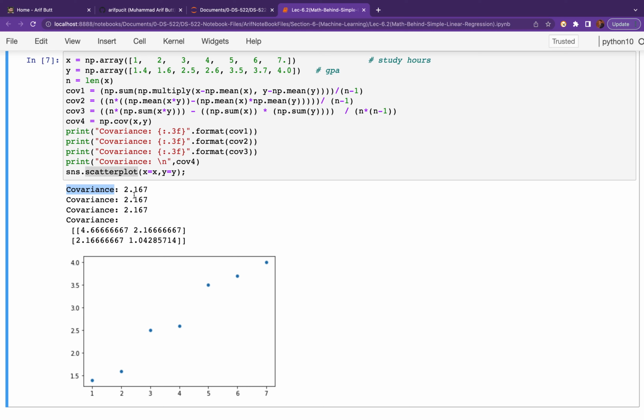Simply speaking, we only consider or interpret the sign of the covariance, which is positive in this example. And the same is shown in this scatter plot as well. That is, as we increase the value of one variable, the value of the other variable also increases.